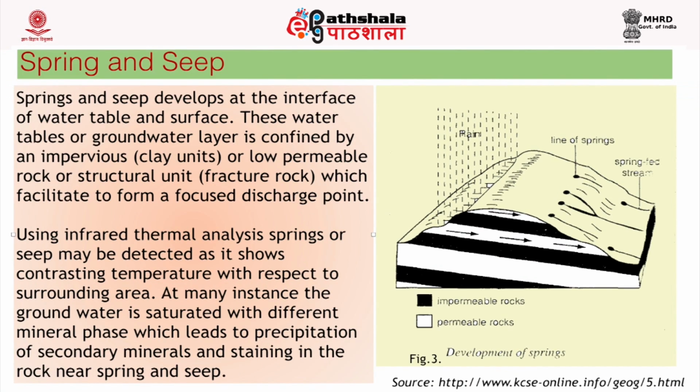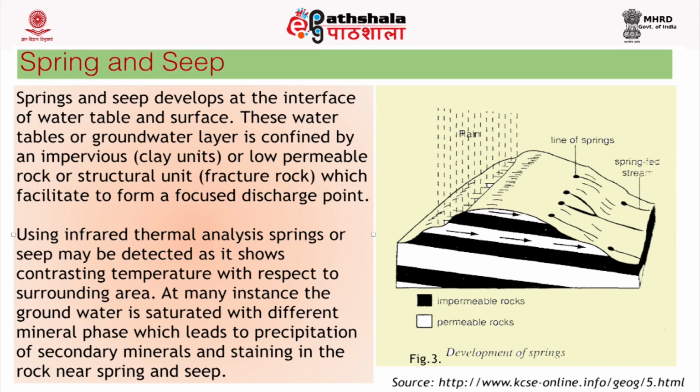So first we will take the example of springs and seeps. Springs and seeps develop at the interface of the water table and the surface. This water table or groundwater layer is confined by an impervious layer, that may be a clay unit or low permeable rock, or a structural unit like fractured rock, which facilitates the formation of focused discharge points.